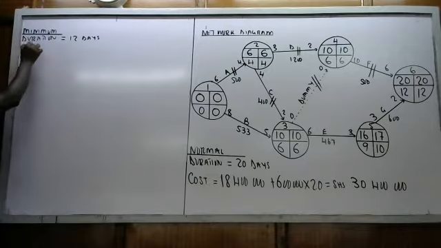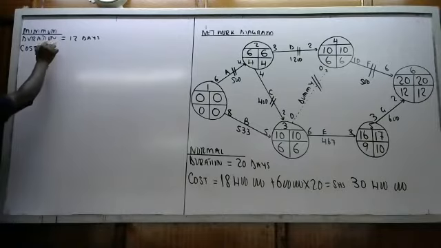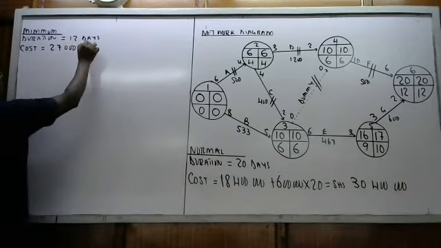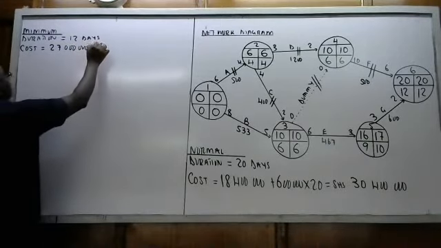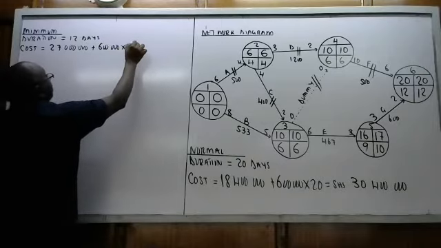Then the cost, you take the 27 million that we have gotten plus 600,000 times 12.